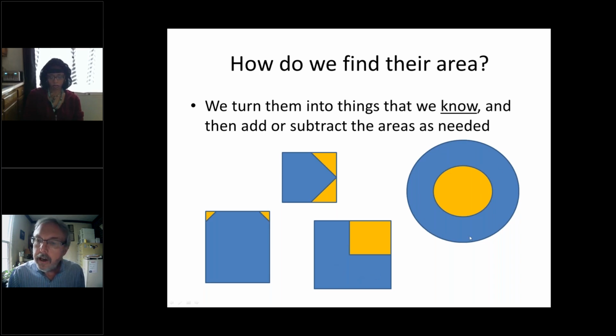And for this kind of ring-shaped thing, we might want to find the area of this circle. If we knew the radius of this circle, we could find the area of the entire thing, and then we could find the area of the smaller circle that was inside of there and subtract that to get the area of this ring.